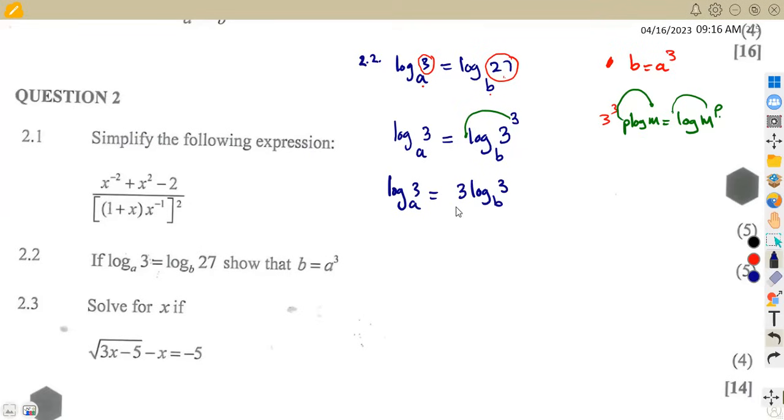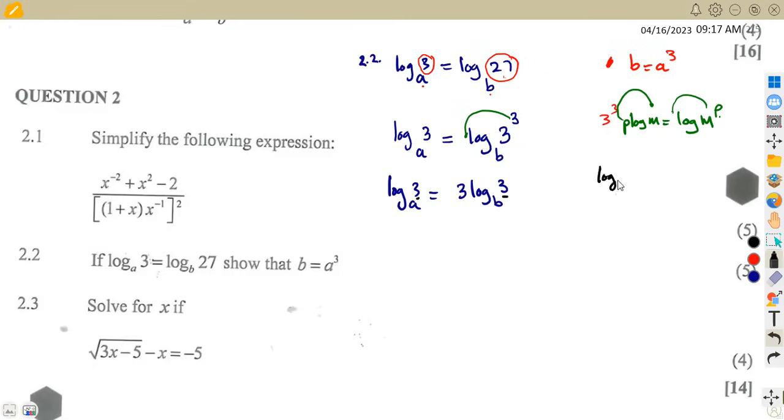Now that we have the 3 here and the 3 here, how can we change to the same base so that it can be base 3? There is this law that you're supposed to understand.